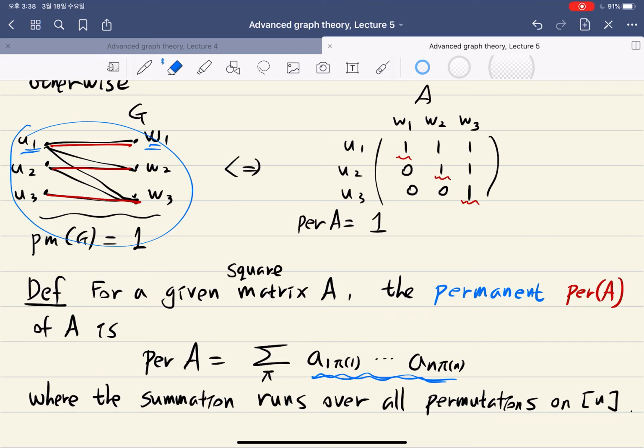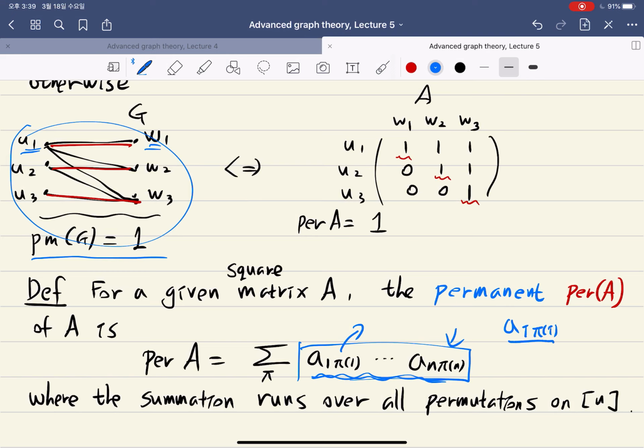On the other hand, all the other terms here, which do not correspond to a perfect matching in the graph G, this specific pi does not correspond to a perfect matching in G, means that the product of a_{i,pi(i)} here is not an edge in G, which means this is 0.